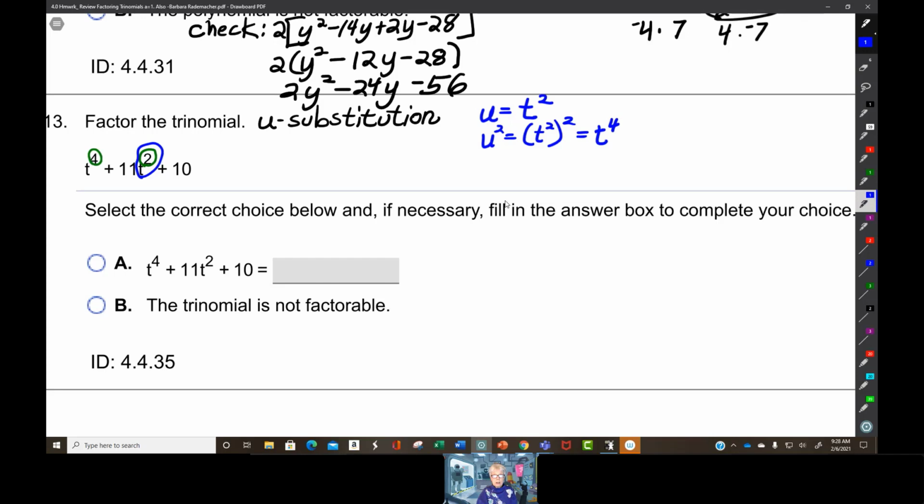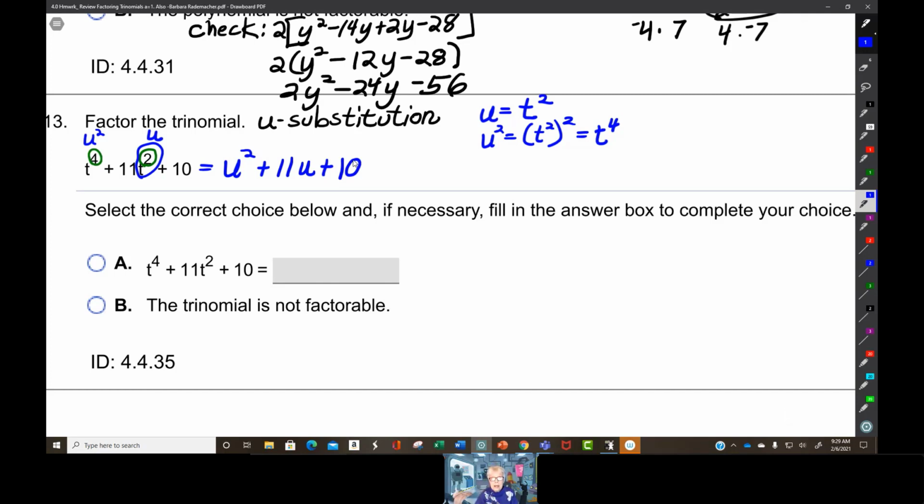What does that do for me? This is what it does. That tells me that I can write t to the fourth as u squared, and I can write t squared as u, so that I can rewrite this whole thing as u squared plus 11u plus 10.